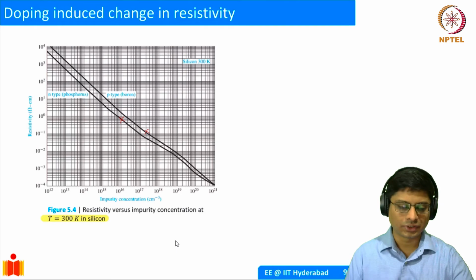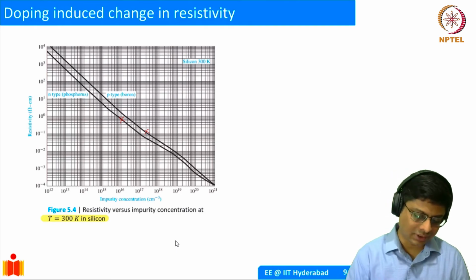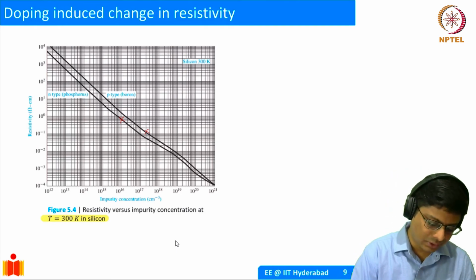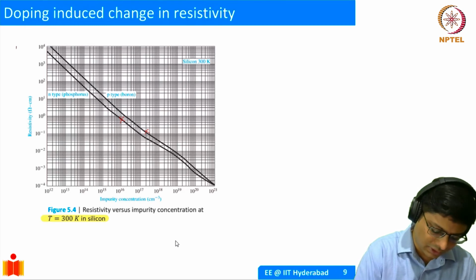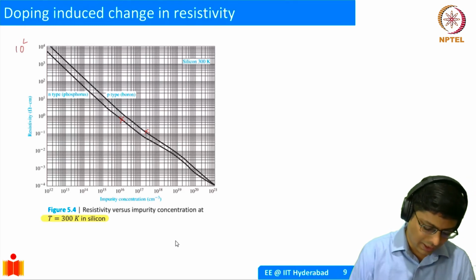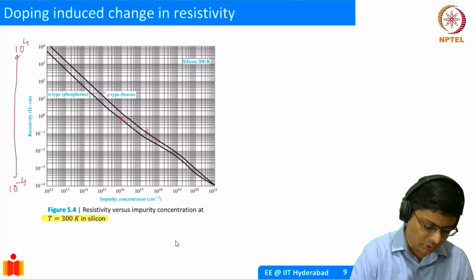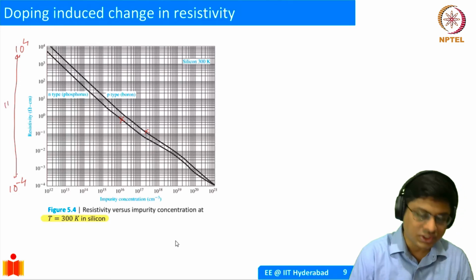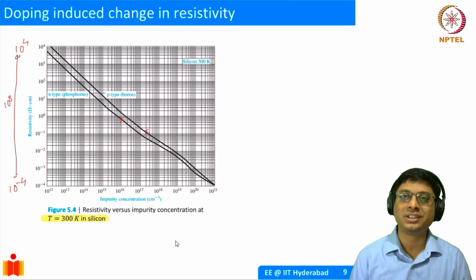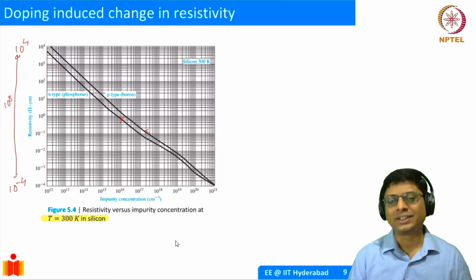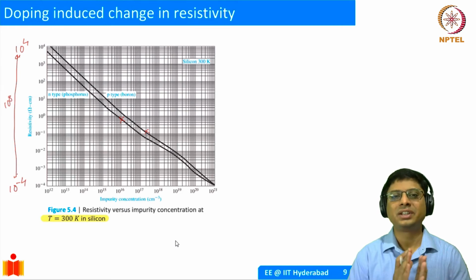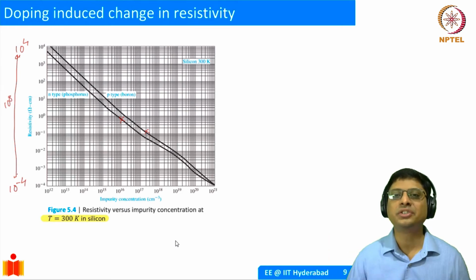Okay. So you see that if you look at this y-axis, you are having resistivity of 10 power 4 at the top and 10 power minus 4 at the bottom. So you see this 10 power 8 orders of change. And this is what I showed you in the first graph of the course, that in a semiconductor, you can have a resistivity that can be tuned over a large range of numbers.